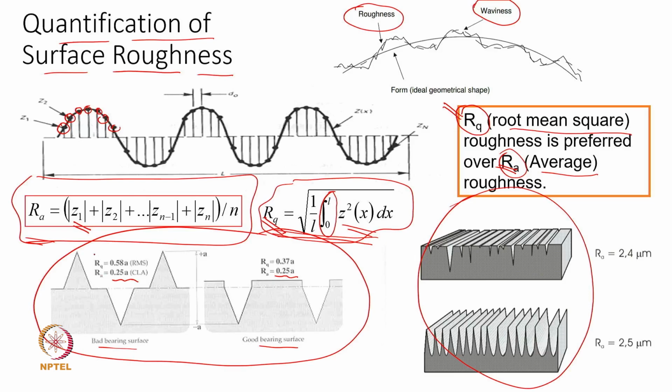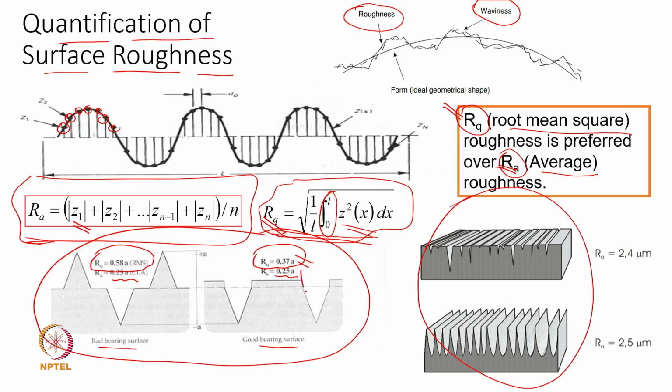The question comes, what is the Rq value? In this case, the Rq value is 0.58. It can be angstrom, nanometer or micron, and in the other case it is 0.37. And we know very well roughness should be as low as possible, should be minimum. So, that way this value is a good value, a preferred value.